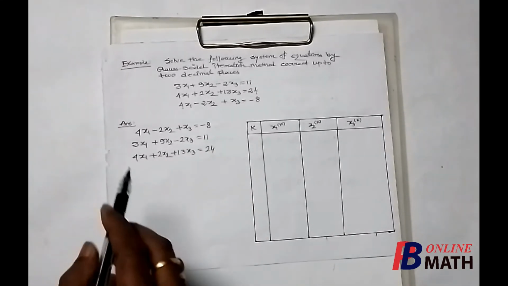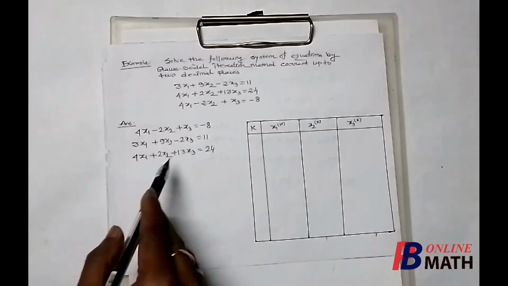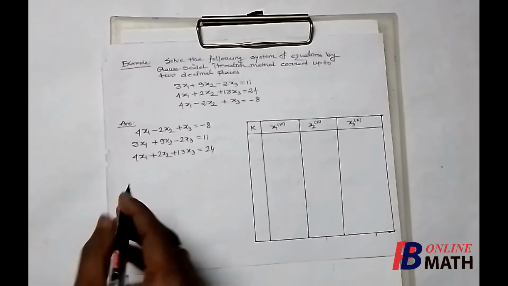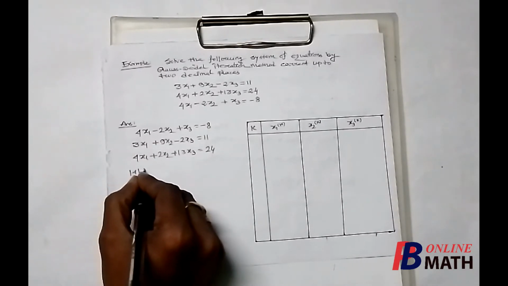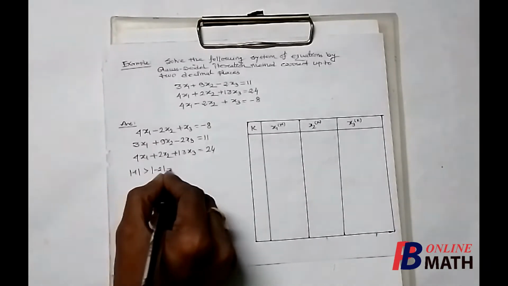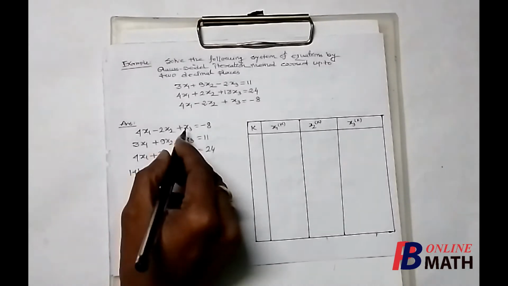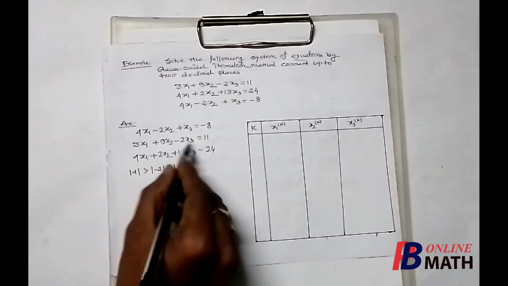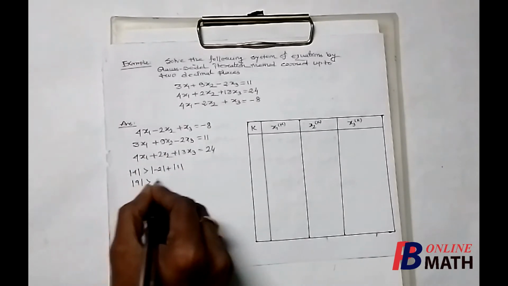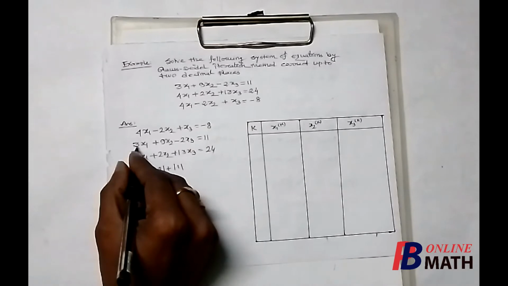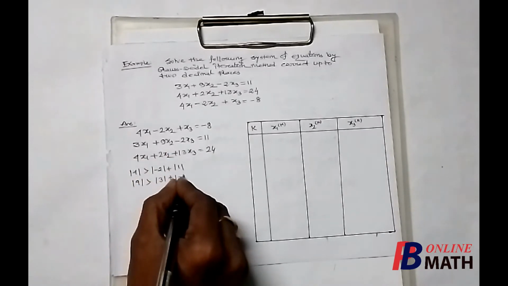Now we shall find that this system is diagonally dominant because from the first equation we have modulus of 4 greater than modulus of minus 2 plus modulus of 1. From the second equation we find that modulus of 9 is greater than modulus of 3 plus modulus of minus 2.